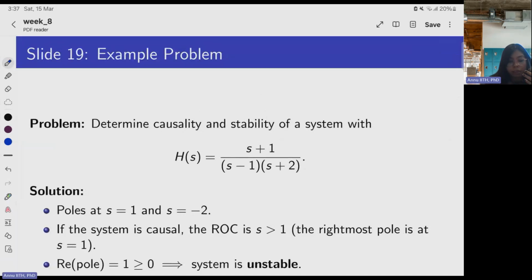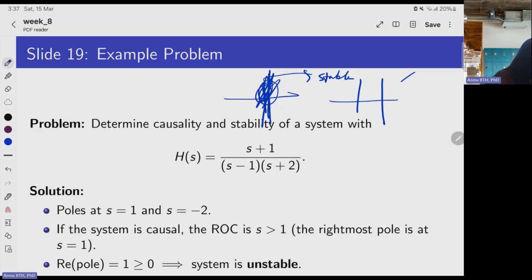So poles are there, and the system is unstable because, simple logic I will tell you, if we draw the ROC, if this line is included, then the system is stable. And if the ROC is on the rightmost side of the rightmost pole, like it is this side, then it is causal.